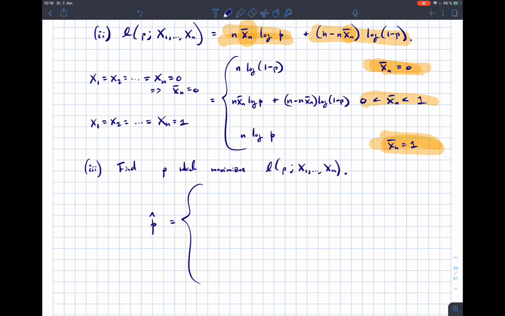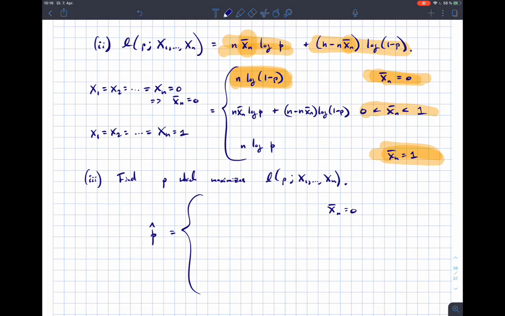So maybe we write it like this. If x bar is 0, we think about what is the value of p which maximizes this. Remember, we're going to look for p in the interval 0 to 1. Maybe we're used to having open brackets, but let's think about closed brackets for now. It'll be less confusing. So the probability p is some number between 0 and 1. Let's suppose for a second that it could be exactly 0 or exactly 1.